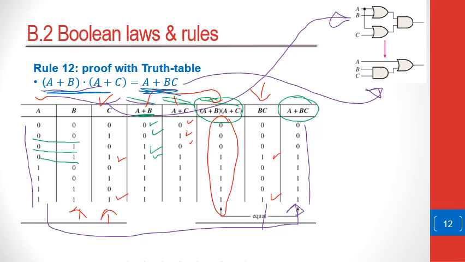And if you look at the outputs here for all possible input combinations, this column is equivalently equal to that column, and therefore this proves that A or B and A or C is equal to A or BC. So the other rules as well, you might use the truth table to prove them.